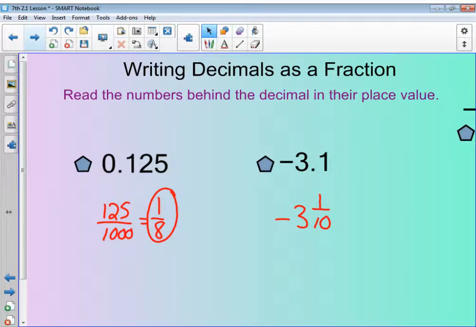So you should have gotten 125 thousandths, which reduces to 1/8 for the first one. And the second one is negative 3 and 1/10.